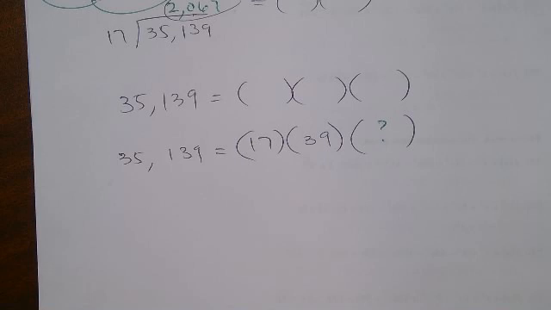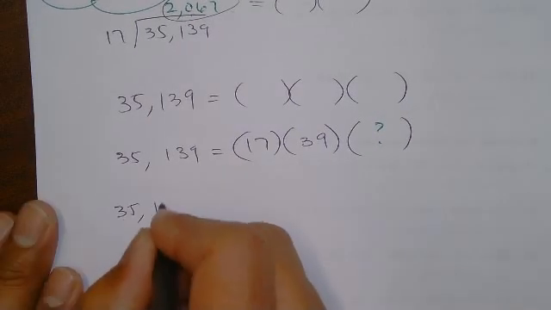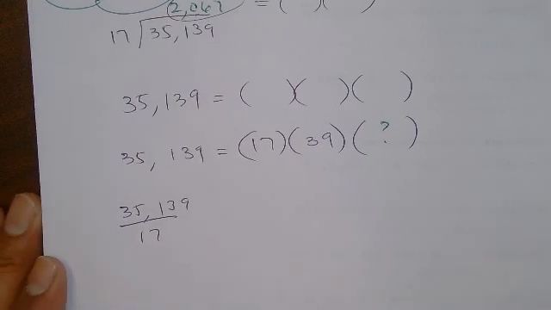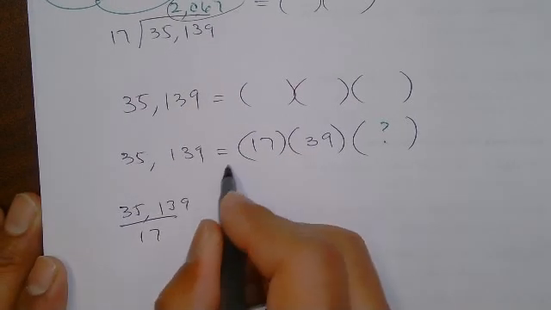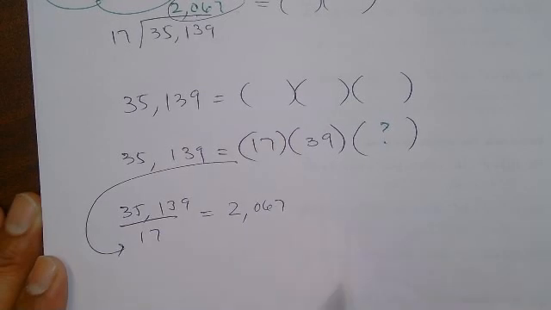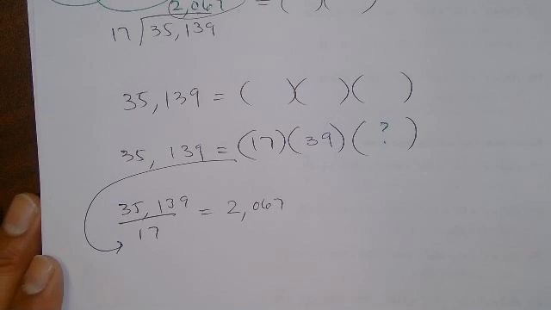Who can tell me how to do this? Well, we're going to divide by the first one. Divide the 35,139 by the 17, which we just did a little while ago. Divide by the first one, and we got 2,067. And then what?